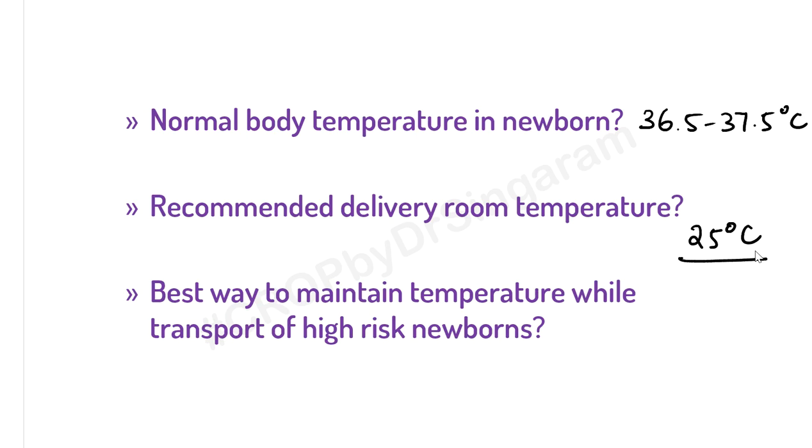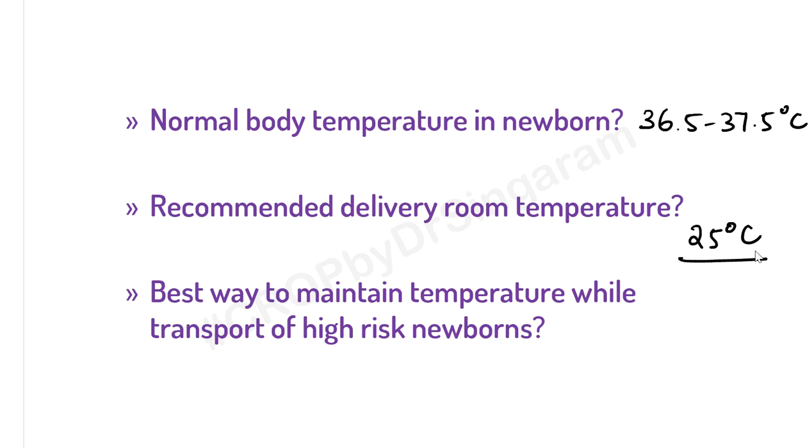Next, what is the best way to maintain temperature while transport of a high-risk newborn? High-risk newborn transport may be something like a preterm baby or a baby having some important medical complications who needs to be transferred from a peripheral center to a higher center like hospitals. Then the question is, what is the best way to maintain the temperature during the transport of these babies?